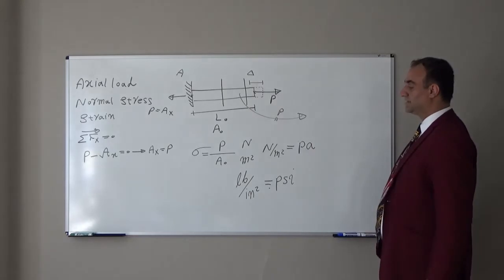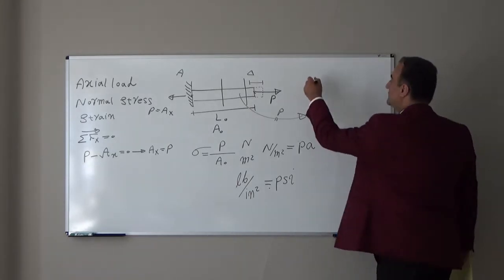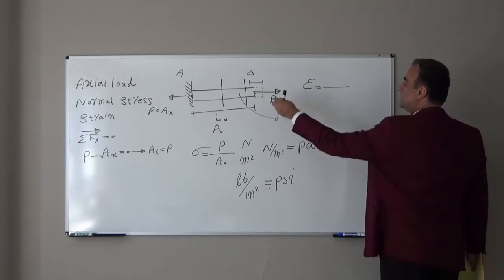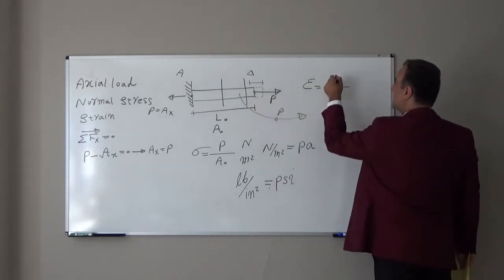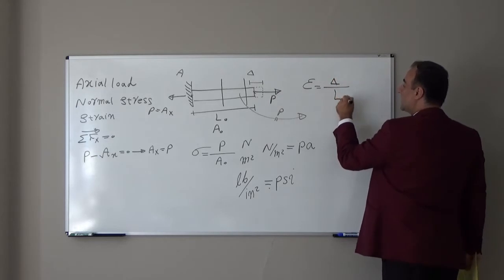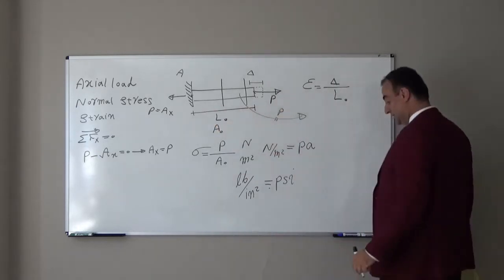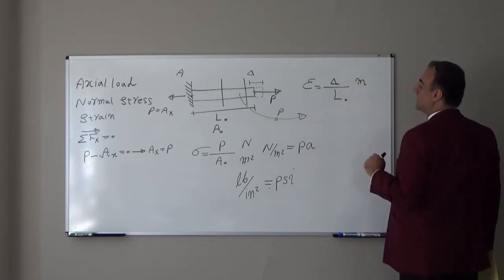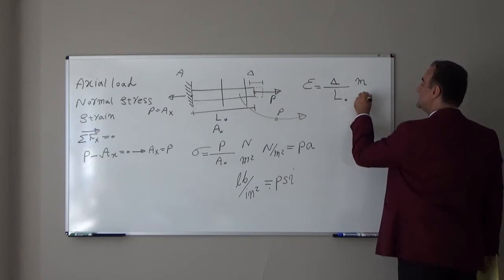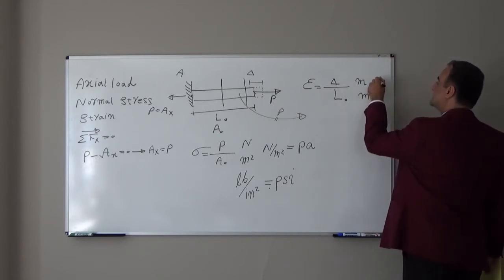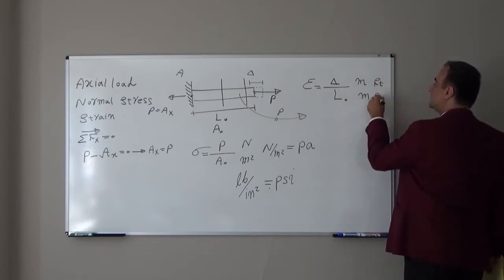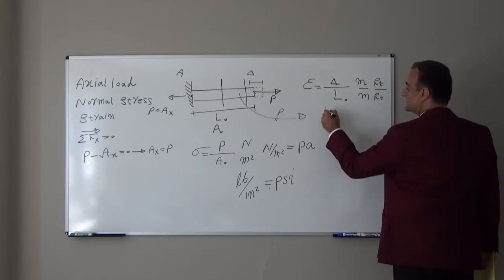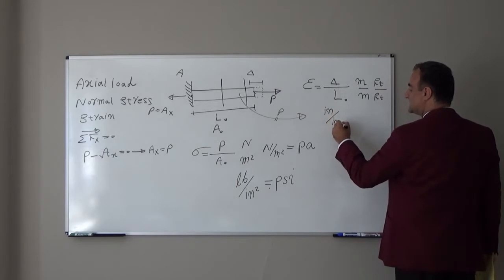But how about the strain unit? What is the definition for strain? Elongation or deformation divided by initial length. If the elongation or deformation unit, for example, is meter, and the initial length unit is meter, or even in the British system, if it is feet, the initial length unit is feet, or if it is inch, the initial length unit is inch.